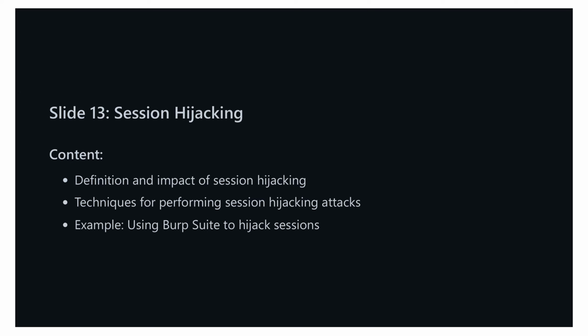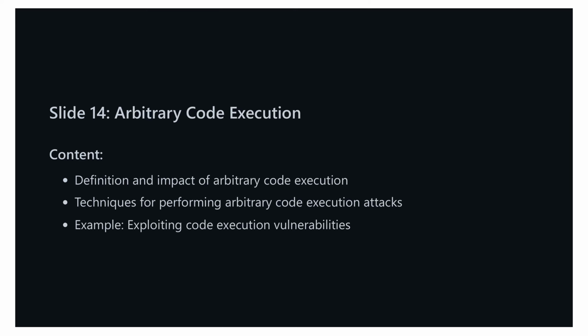Next, we will explore arbitrary code execution, where we will discuss its impact, techniques, and a practical exploitation example. On this slide, we will be discussing arbitrary code execution, a critical vulnerability that can lead to severe security breaches. First, let's define what arbitrary code execution entails. Essentially, it is the ability for an attacker to execute any code of their choosing on a target system.